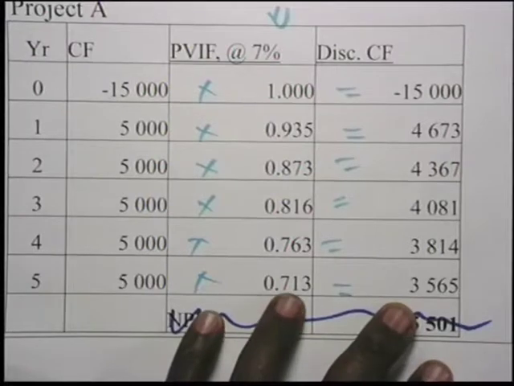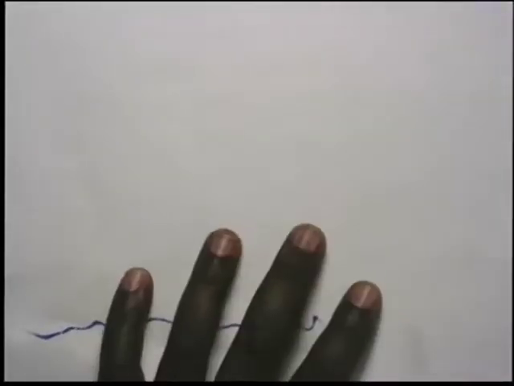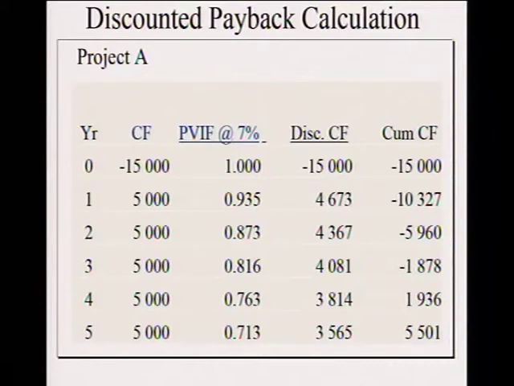Now, I want you to pay attention at what we are looking at on the screen. We have got in year 3 a cumulative cash flow of 1,878, which is a negative. Then we have got, at the end of year 4, a positive cumulative figure of 1,936.